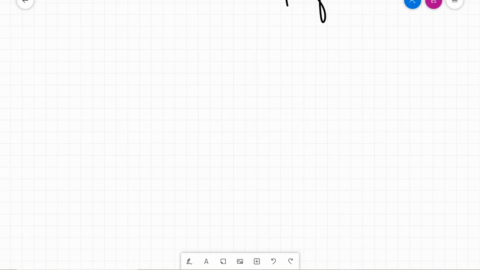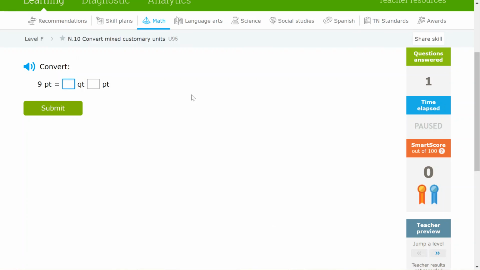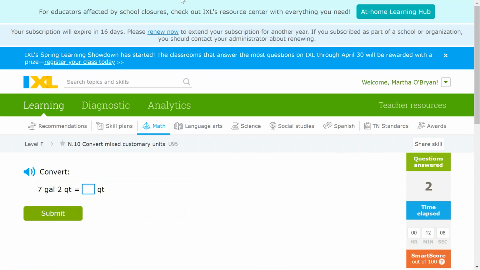That's going to make sense to some people. If it doesn't make sense to you, don't worry. You can always use the long division. You can always use the fraction button. There are different ways to do it and to be successful. So let's go to 9 pints, 4 quarts, and 1 pint. Awesome.